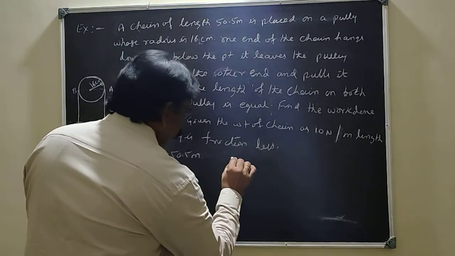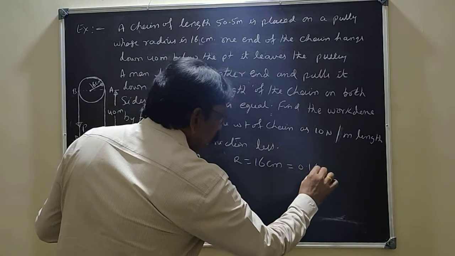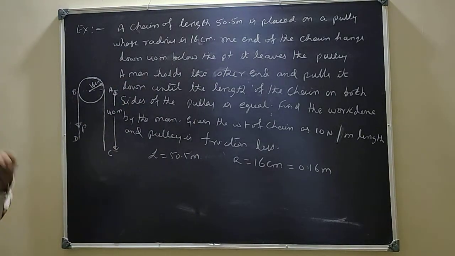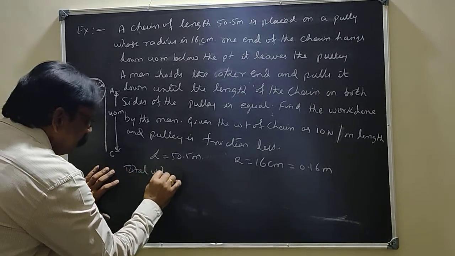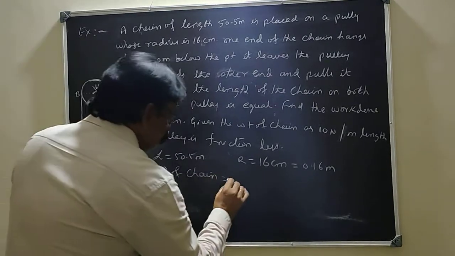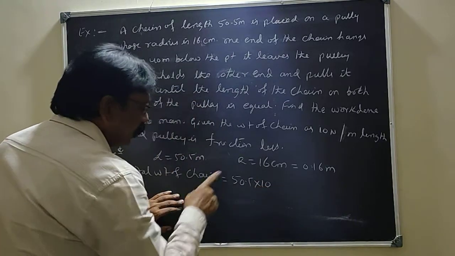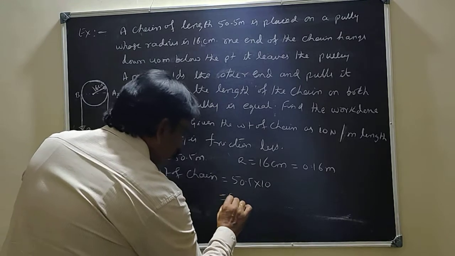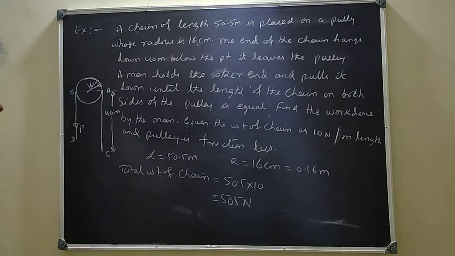So that means R is equal to 16 centimeter, that is equal to 0.16 meter. So now the total weight of chain is equal to 50.5 into 10, because for every meter length its weight is 10 Newton, so therefore it will be equal to 505 Newton is the total weight.